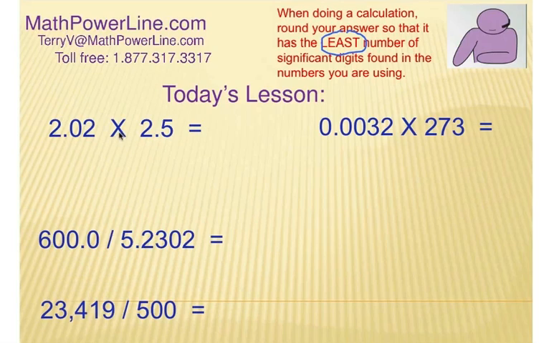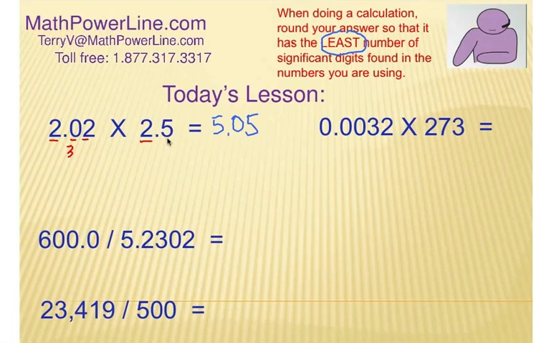Of course, we do the math first. So we're going to multiply this 2.02 times 2.5. Now that should give us 5.05, right? Alright, let's look at the significant digits. In 2.02, that is an embedded 0, so we do count it, and that has the 3 significant digits there.